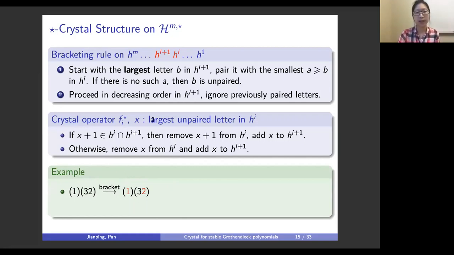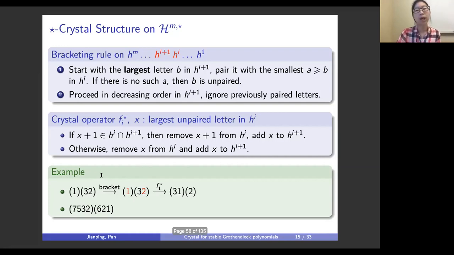Then we find the largest unpaired letter on the right, which is 3, and we check that 3 plus 1 is not in the two factors. So we just move the 3 over to the left and get 3 1 2. This is how the crystal operator acts on this pair of decreasing factors.